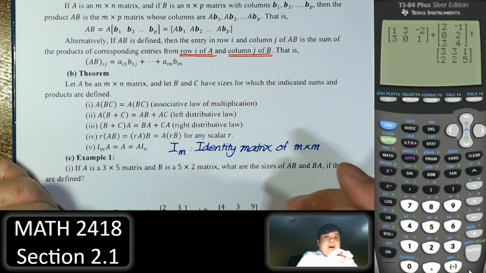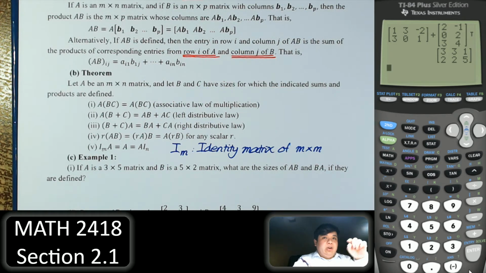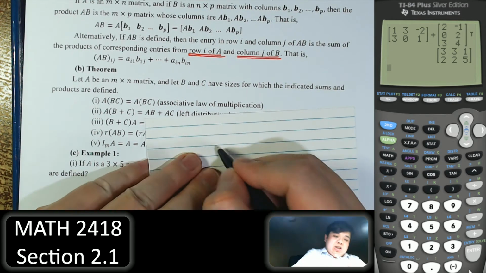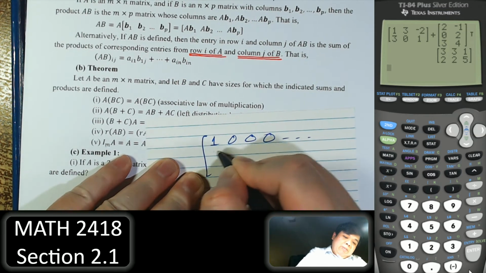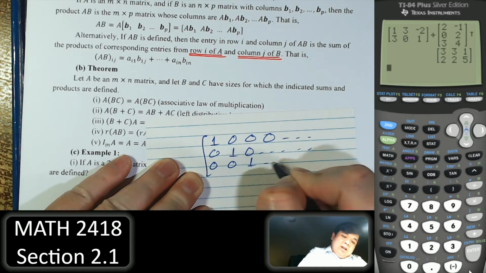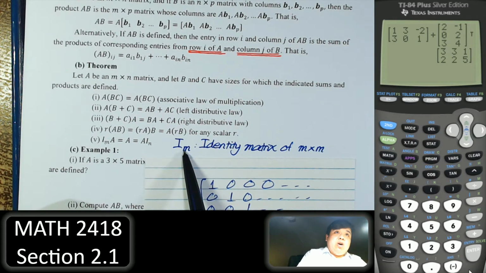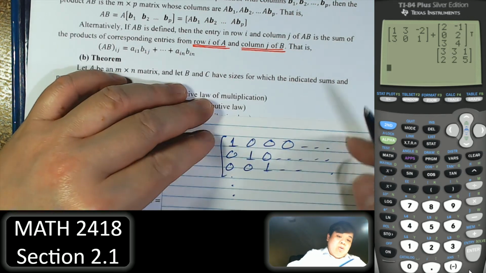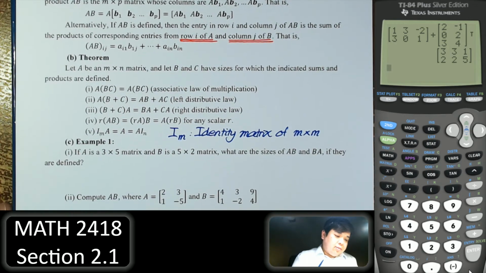So identity once again is the diagonal matrix. All the entries on the diagonal are 1, 0 everywhere else. So like 1 0 0 0, then 0 1 0 0, 0 0 1 0, and so on. And m by m, denoted by I sub m, means that this will have m rows and m columns. We'll just go all the way to form that identity matrix.